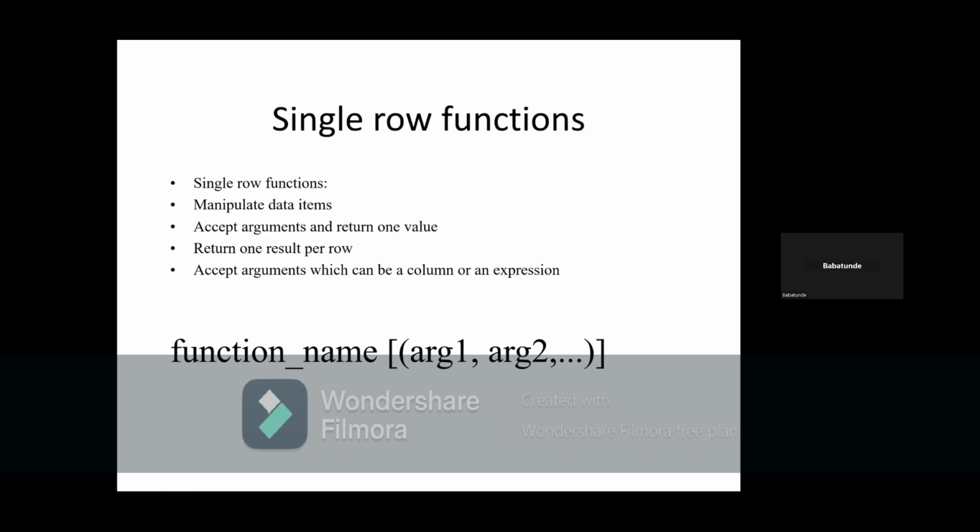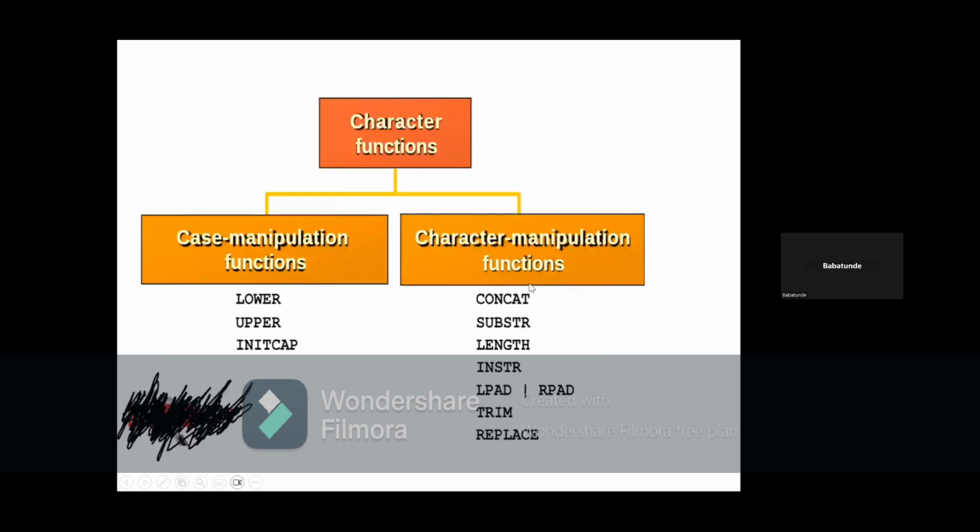If you develop a function on Oracle, it's always going to return one value set for you, not multiple. So it returns one result per row, and the accepted argument can be a column or an expression. We will all see this. This might not make sense to you now, but we shall begin to see it by the time we begin to apply them.